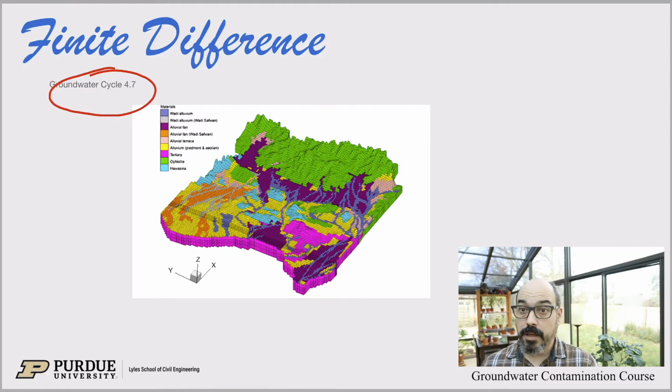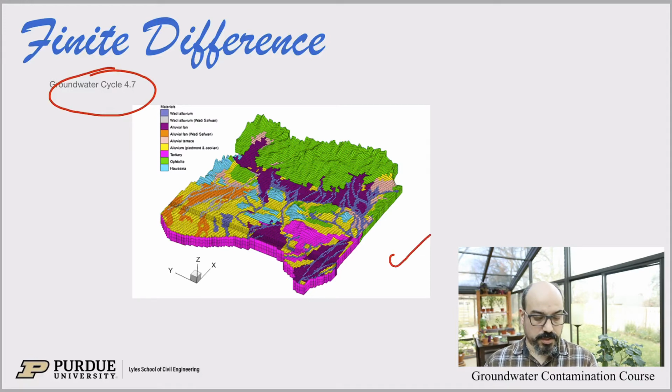I'm still including it here because finite differences are very important, and most engineering models, or most models that you would use in industry, behind the scenes use finite difference and particle tracking to calculate the flow field and the mass transport, right? So finite difference is really important.